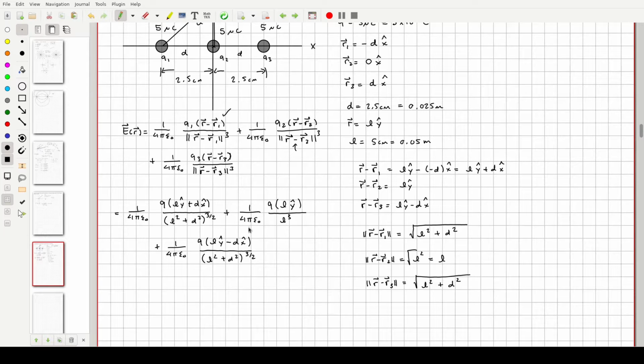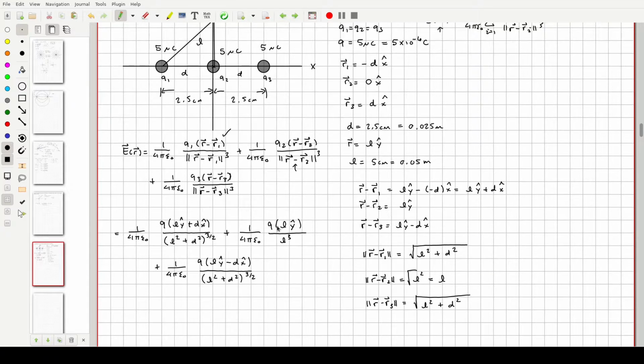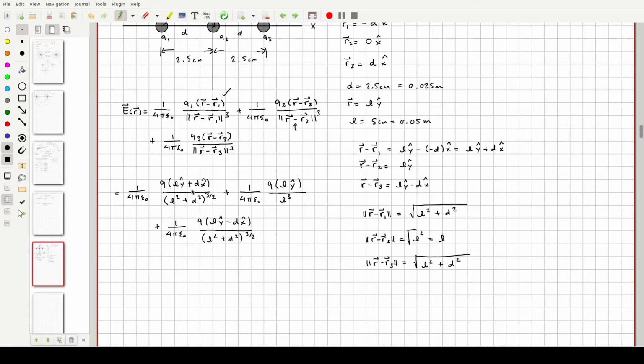But take a look. We actually have some cancellations here. For example, I have here a 1 over 4 pi epsilon naught Q positive dx hat over this. But over here, I have a minus dx hat over this. So this is actually going to cancel with that. I have two of these.